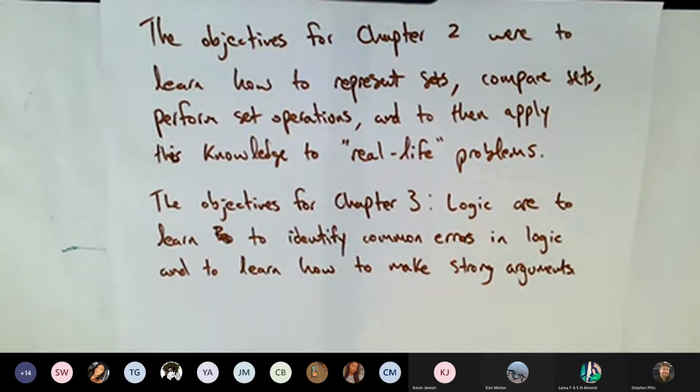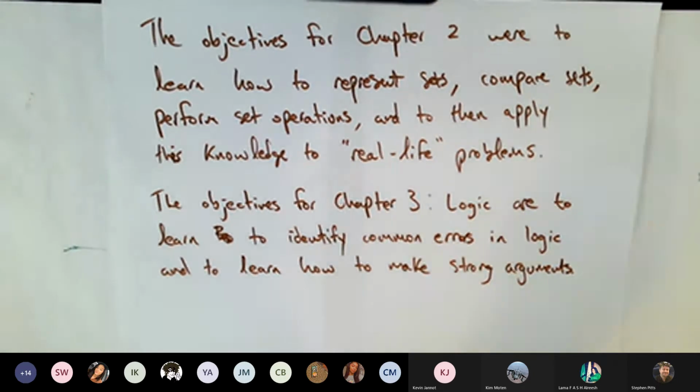Well, if I step back and I said, what are we going to be doing? I would really just say this again. We're going to be learning how to identify common errors in logic that you have probably heard people make before. You've probably made them. I know I have. We're going to be looking at how to fix those errors in logic. And then also that'll sort of help you become like a better debater if you do debate with anyone, right?